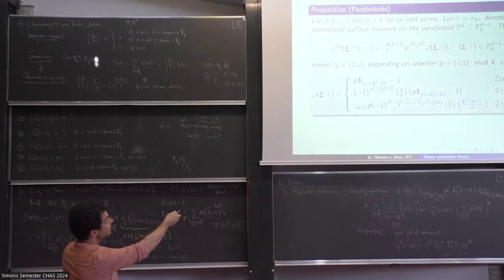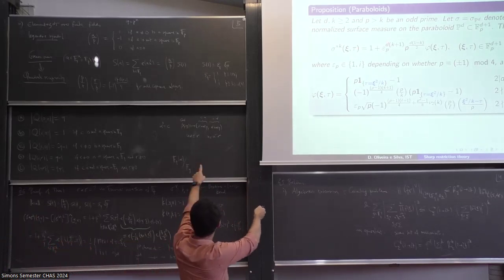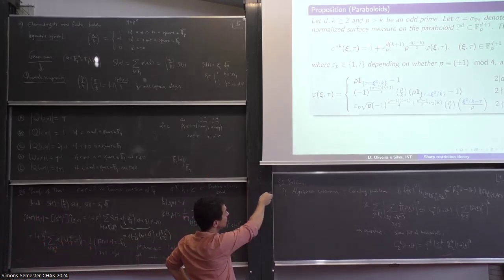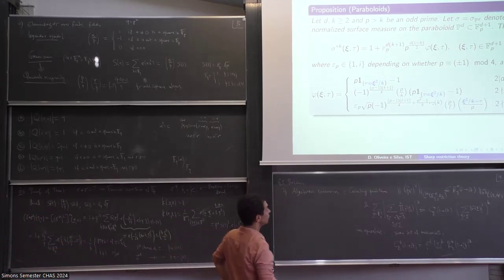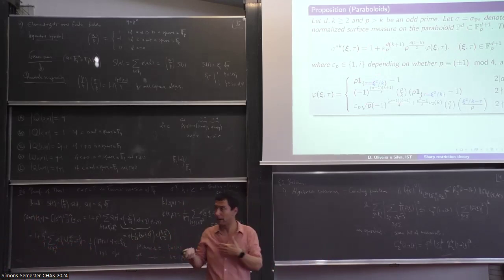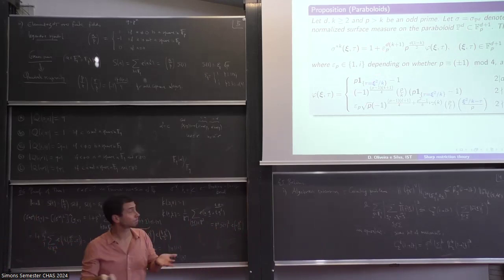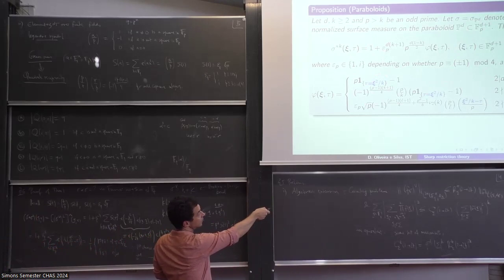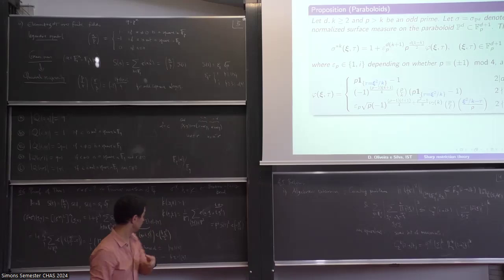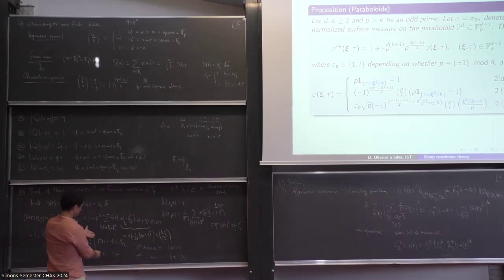The expression is nice. There are powers of this epsilon p that we defined up there, 1 or i. These all turn out to be real numbers, of course. There's a function phi, which is given by three different expressions, depending on the parity of the dimension and of k. What's interesting is that in the first two cases, the convolution only takes two values, like here: two values, on the boundary and outside the boundary.